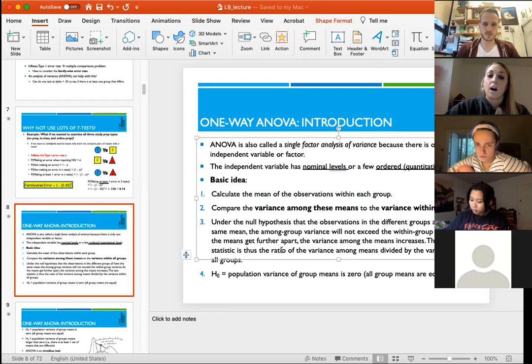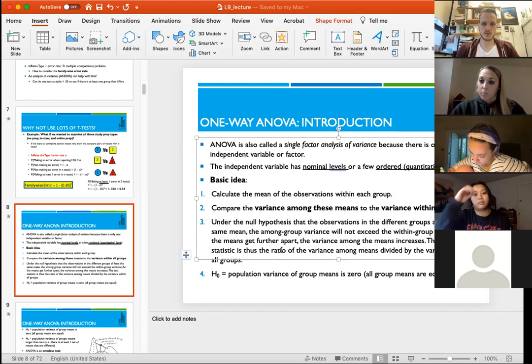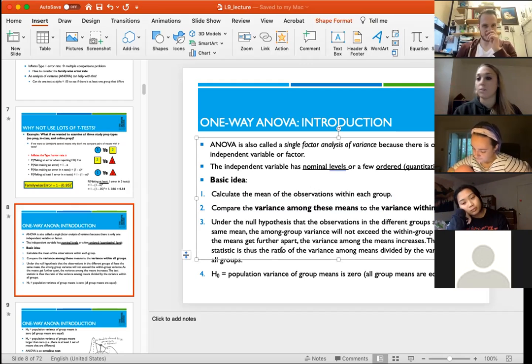Our null hypothesis then is that all the groups basically have the same mean, and that the among-group variance is not going to exceed the within-group variance. So as the means get further and further apart, let's imagine anxiety levels. Let's say our anxiety scores range from 0 to 100.